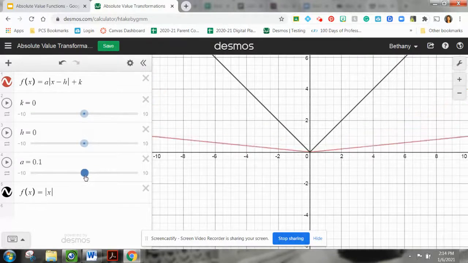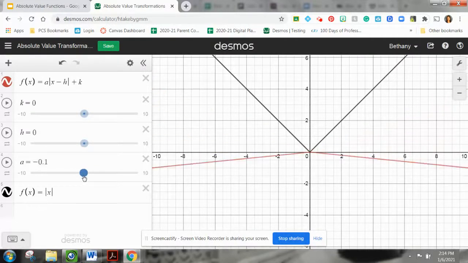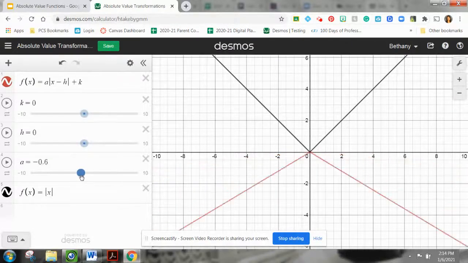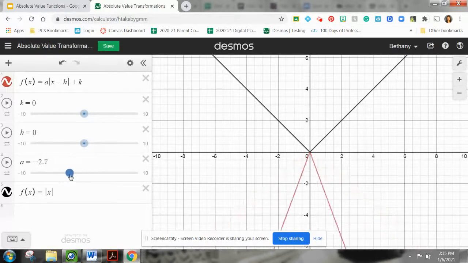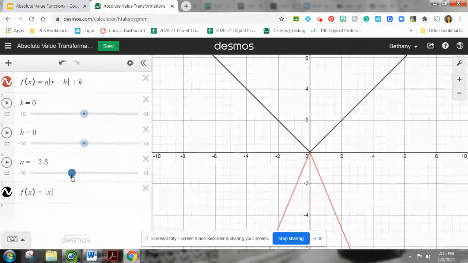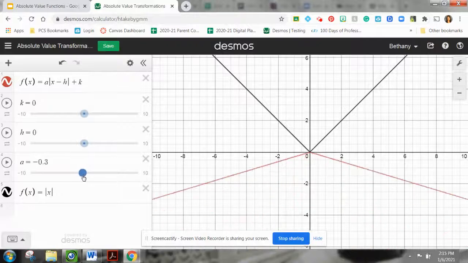And as soon as I get to a negative number, it also has been reflected, which is the exact same thing we saw in our quadratics. So if it's a small fraction, it's stretched and it's very wide. If it's a larger number that's greater than 1, it gets skinny. And then if the number is negative, it's been reflected.